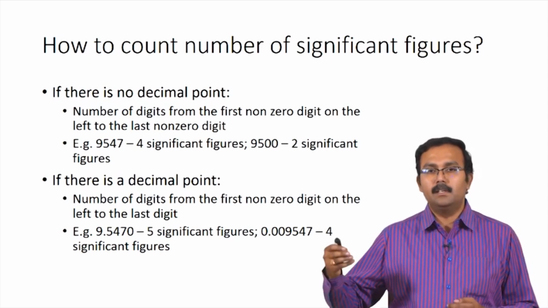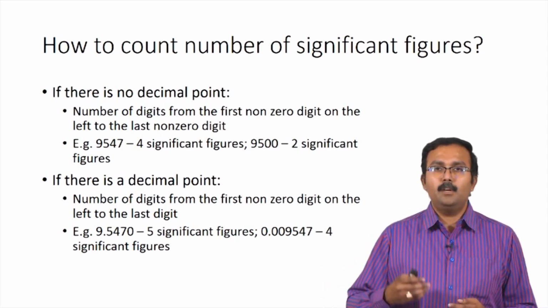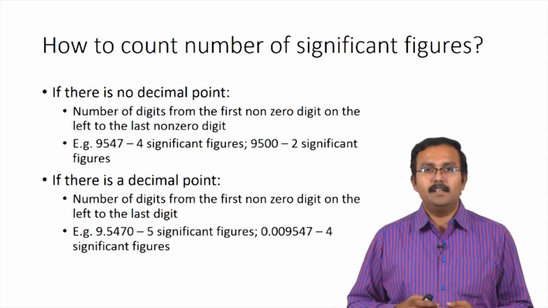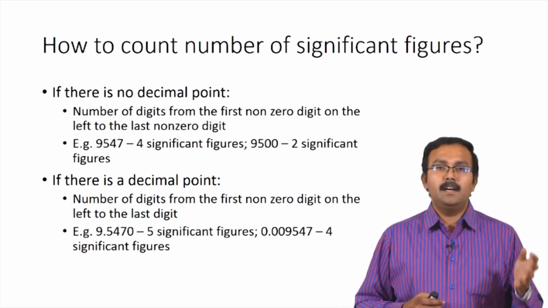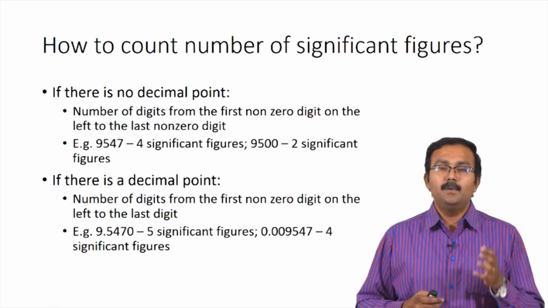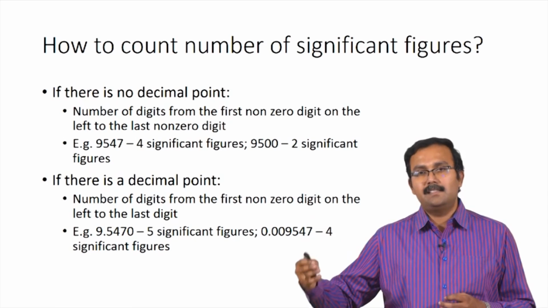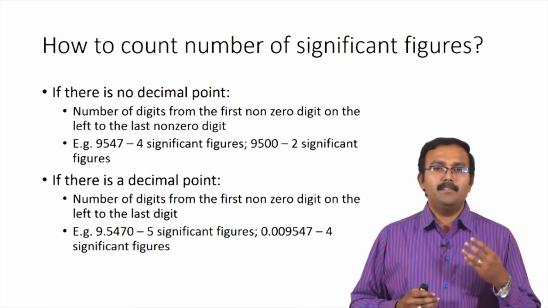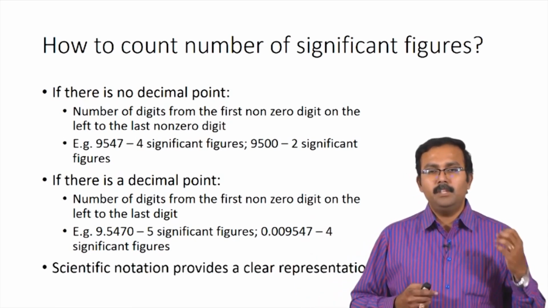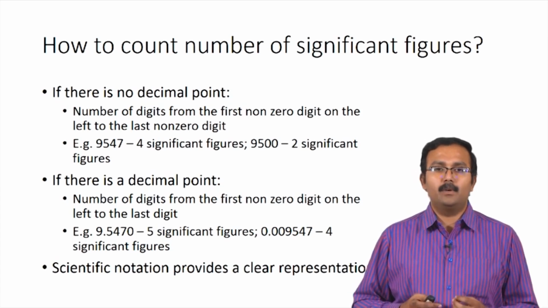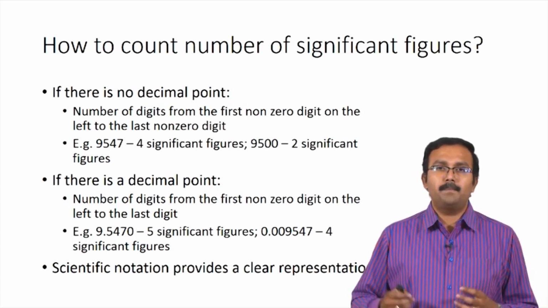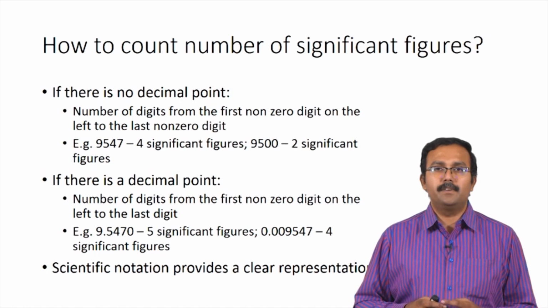If I were to use the second example, 0.009547, I still start with the first non-zero digit on the left, which is still a 9, and I go all the way till the last digit, which is a 7, thereby giving me only 4 significant figures. If you write these numbers in scientific notation, then there is a clear representation of the significant figures.